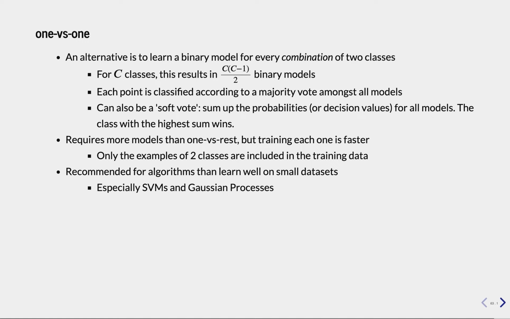And we do that for every combination, which means we have C times C minus 1 divided by 2 binary models. Now, this is a lot of models. If for instance you have 10 classes, then this is 45 models. Right?